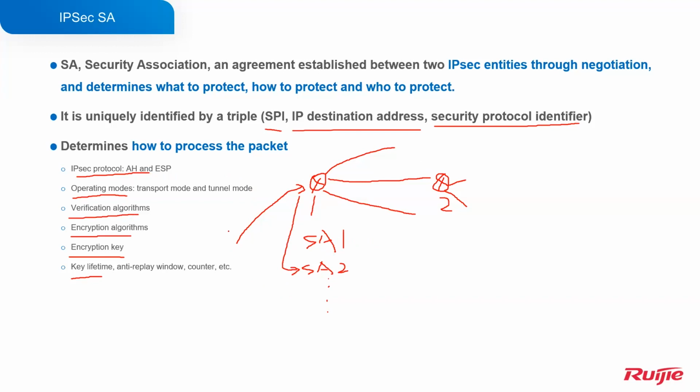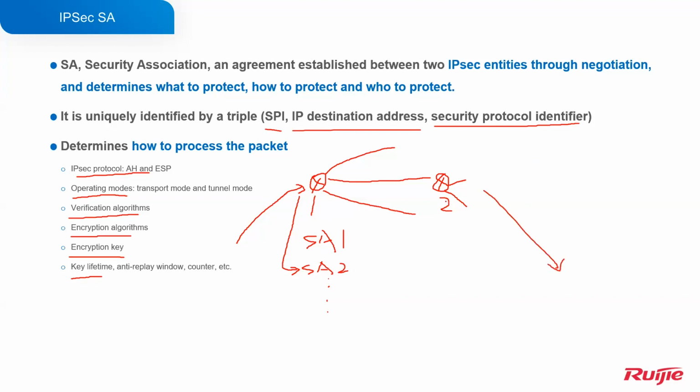Then we will add maybe a new header, provide encryption, something like this, then force the message out. When router 2 receives this message, I also will check which SA can help us do decryption, because now the message you receive is not the original. I have to make it become the original message, then send it to the destination, to your terminal.